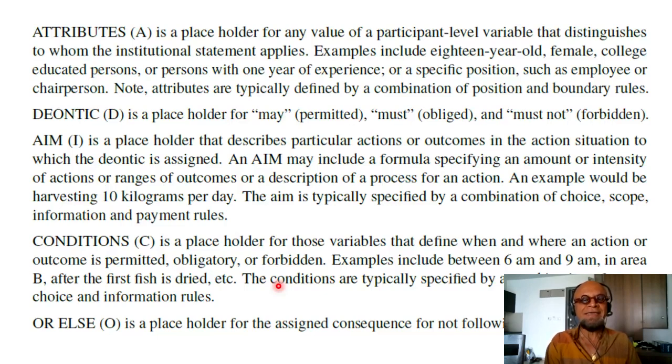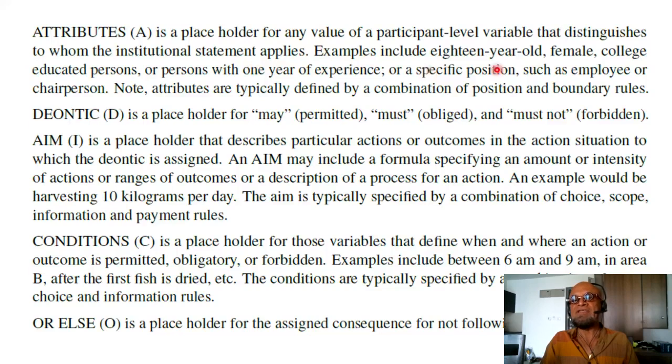Attributes, A. As I said, aim is using I, for whatever reason; you can follow up if they explain it somewhere. In this book they don't necessarily do that. Attribute is a placeholder for any value of a participant-level variable that distinguishes to whom the institutional statement applies.